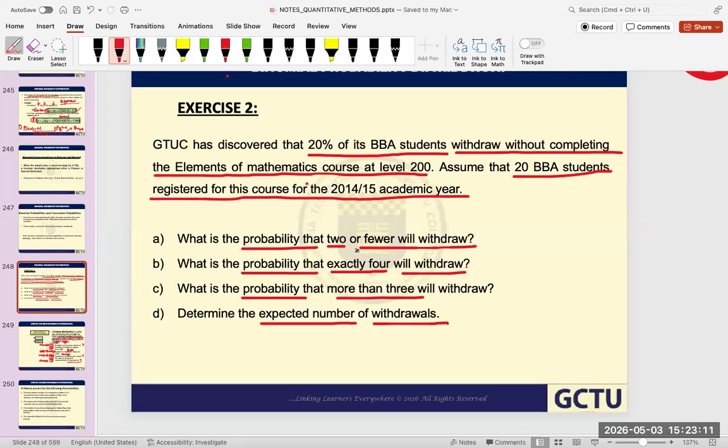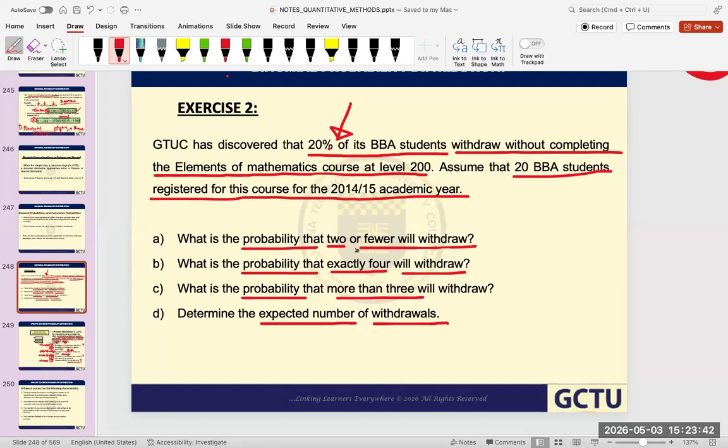And then it's saying that the school has discovered that almost every time 20% of the students withdraw without completing the course. This particular course, 20% withdraw without completing the course.